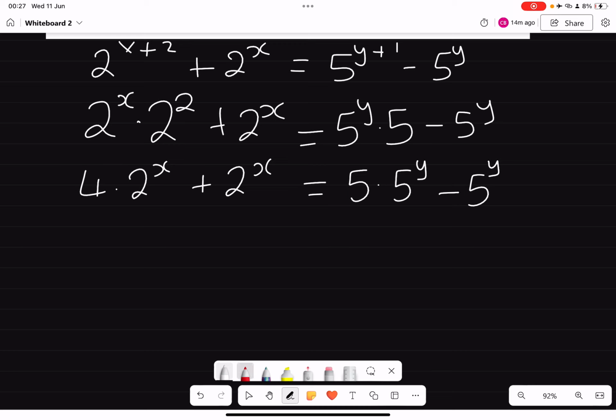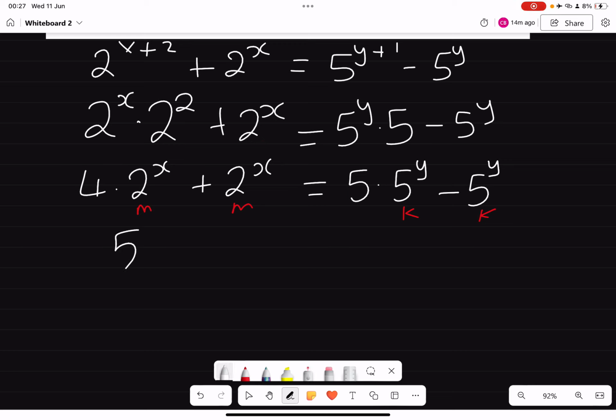I need us to think of 2 to the power x as m and 5 to the power y as k. So it's like I have 4m plus m. So I have 5m. Do you see it? 4m plus m gives us 5m.